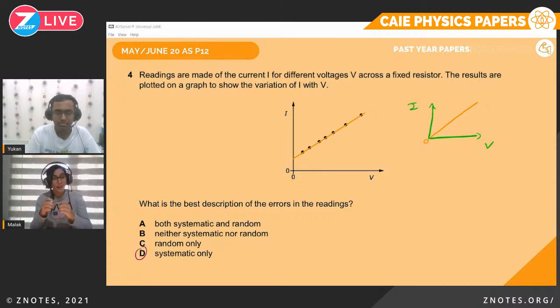There's an error with the actual equipment. Okay, it's translated upwards. The whole graph is pushed upwards, which means we added a number. It's an error with the actual equipment. It's not random because it's all precise, it's all a straight line. And there is an error, so it's not this one. It has to be systematic error.